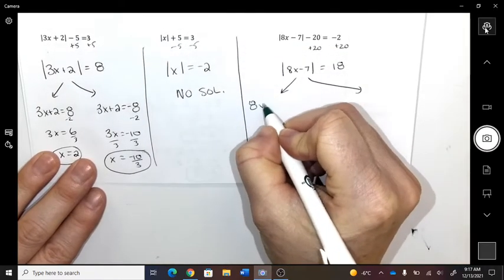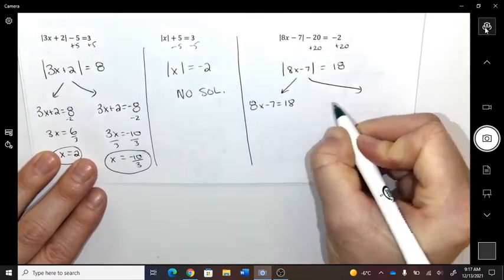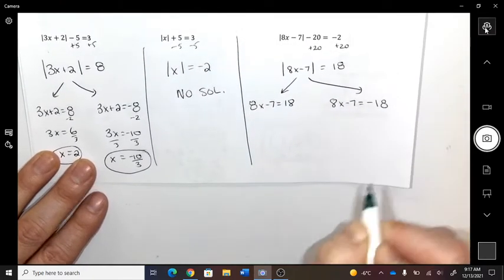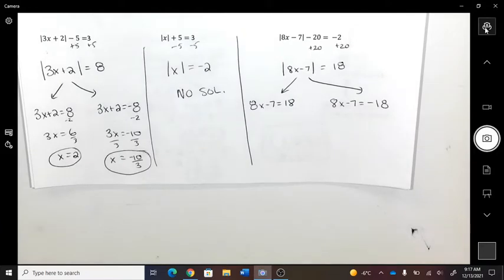There were 2 options. Okay, so isolate the absolute, make your splits, and then algebra.